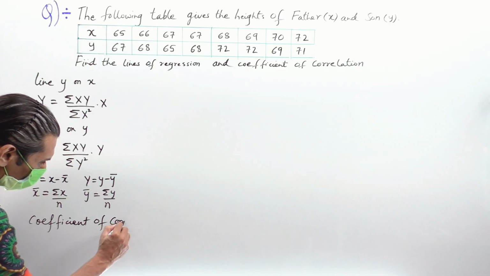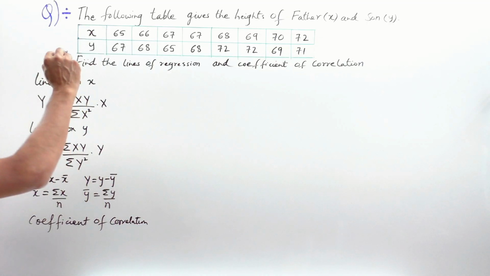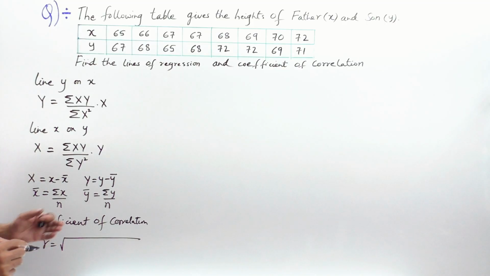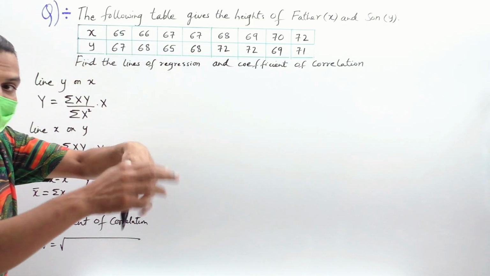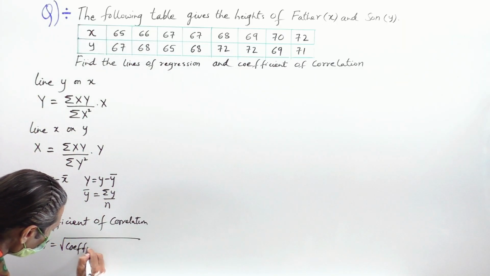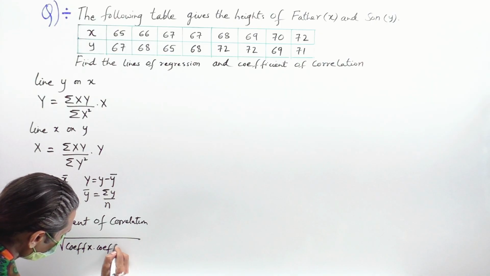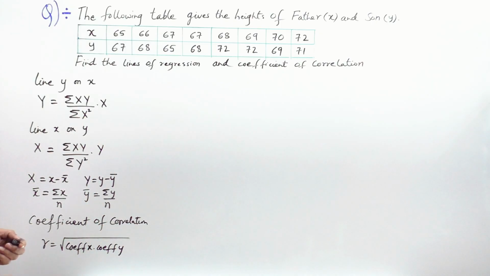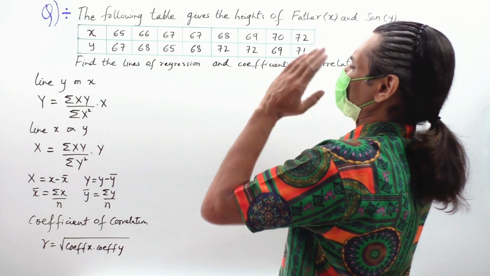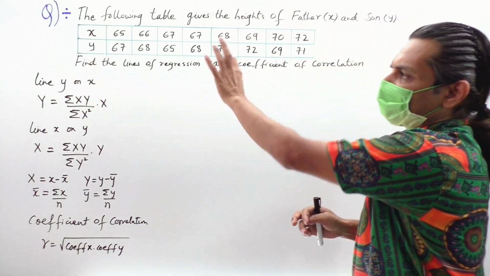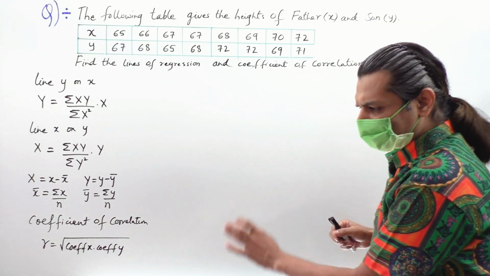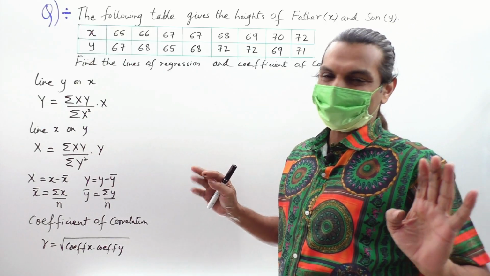The coefficient of correlation R is the square root of the coefficient of x into the coefficient of y. That's it. As simple as that. So, using this formula, when you have a problem that asks first to find the lines of regression and then the coefficient of correlation, don't take any tension. Simply use this formula.